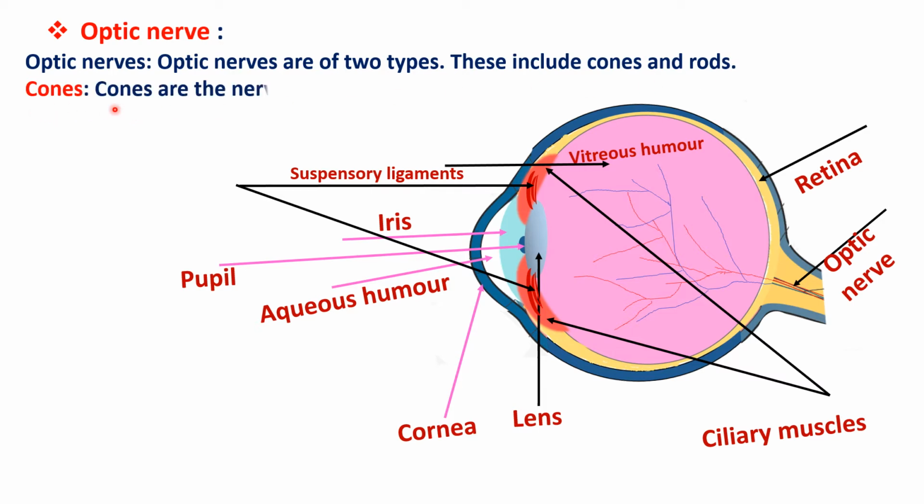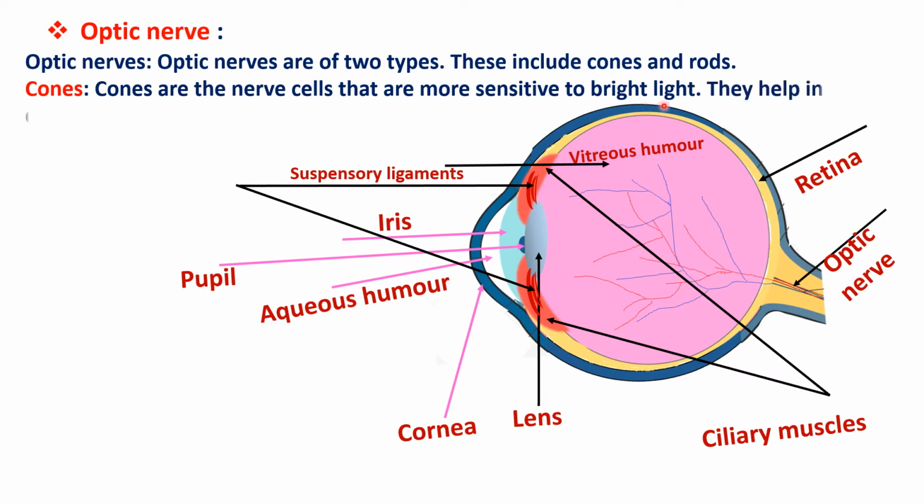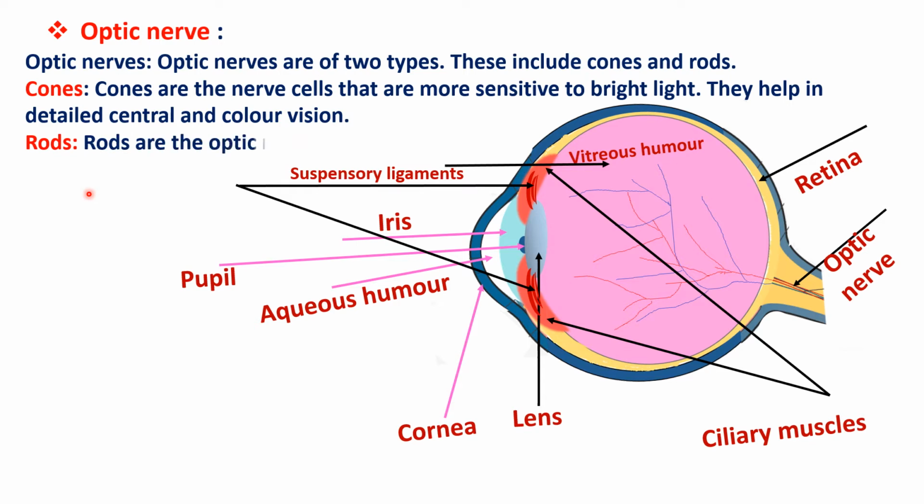Cones. Cones are the nerve cells that are more sensitive to bright light. They help in detailed central and color vision. And the next type is rods.